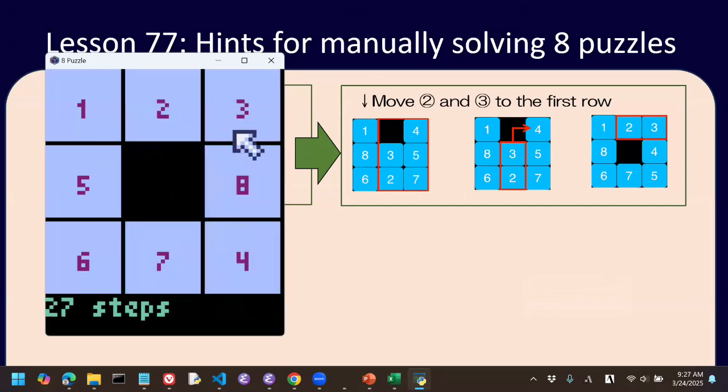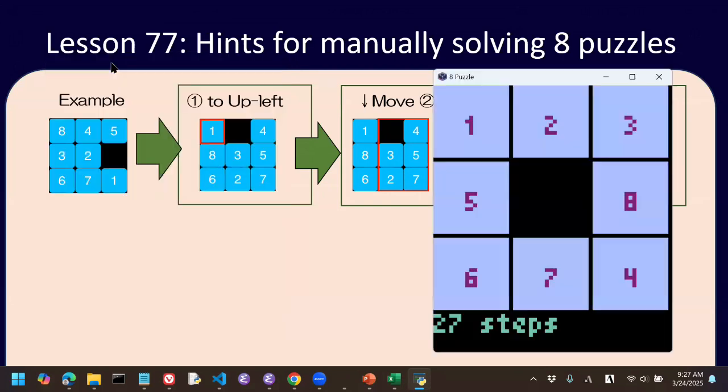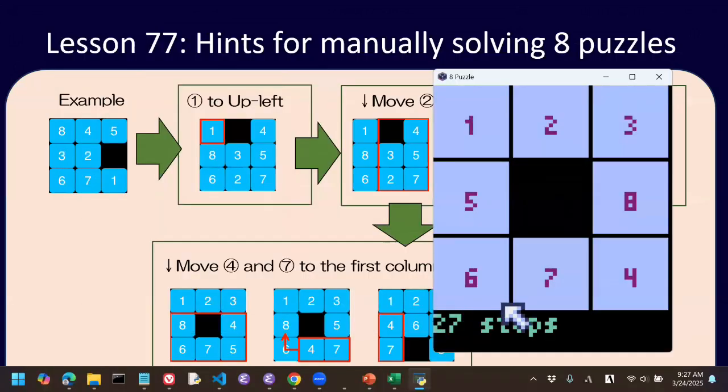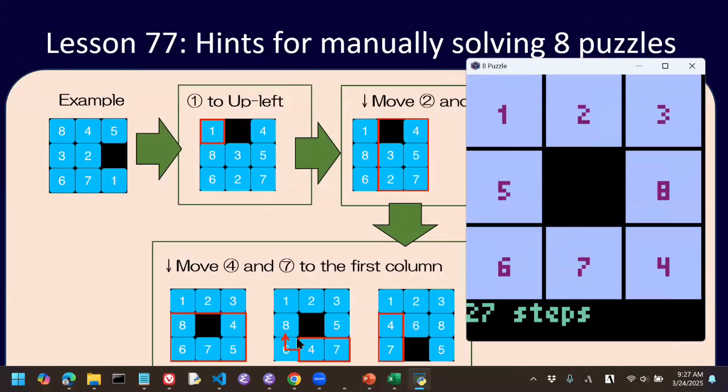Now we have 1, 2, 3 in the first row. What's next? Next is to move 4 and 7 to the first column, like this. Here 4 and 7 are a little different, so let's see what we can do about it. It's a bit tough.